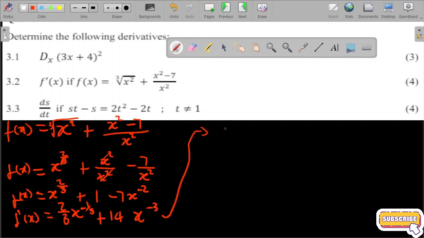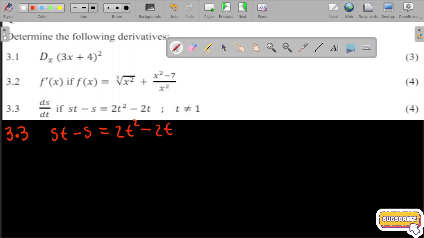Remember, we put our answer with a positive exponent, so we must put this into the positive exponent. This is just going to be 2 over 3 into x to the power 1 over 3, and then plus 14 over x to the exponent 3. So this is my final answer of 3.2.